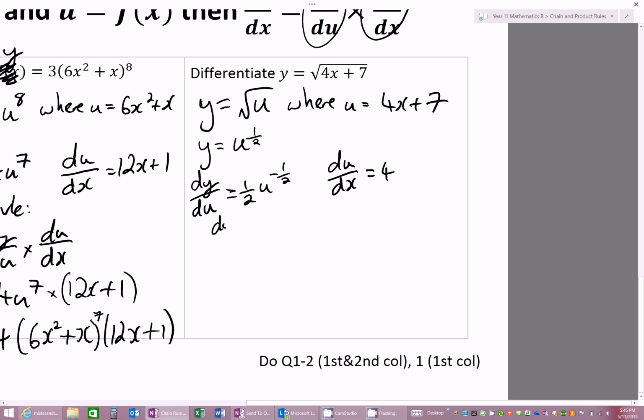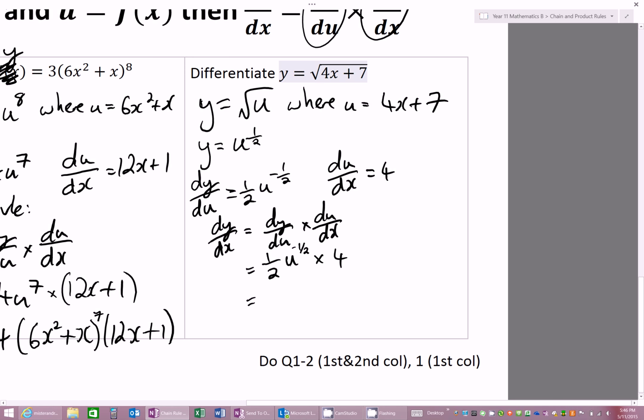So my derivative, dy dx, will be dy du times du dx. Slot in the two things. I've got a half u to the power of minus a half times du dx, which is 4. Okay, just putting those two together. That escalated quite quickly.